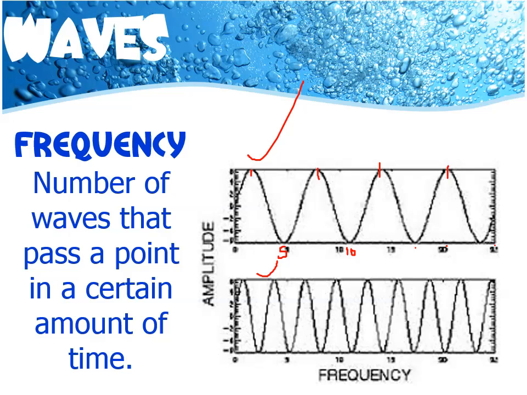Now down here in this second wave, we have 1, 2, 3, 4, 5, 6, 7, 8, let's just say 9 waves, also in the same amount of time. So this bottom one has a higher frequency because it has more waves in the same amount of time.